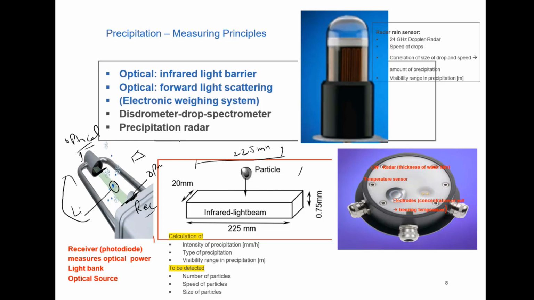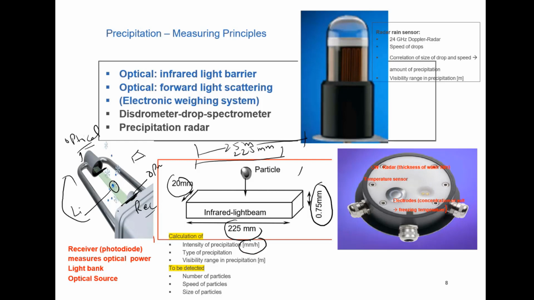225 millimeters, or we can imagine it as 25 meters. So we are trying to understand, in that specific height, width, and length, what is the intensity of precipitation, which we measure in millimeters per hour.